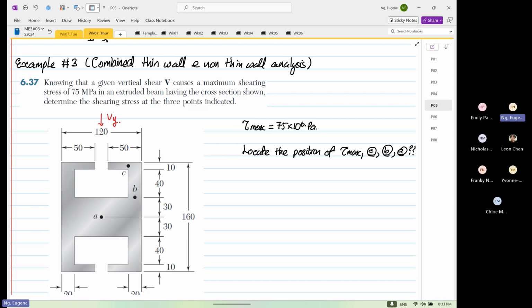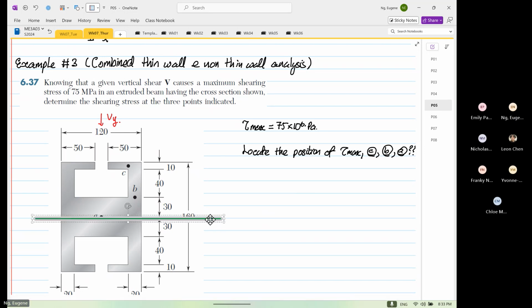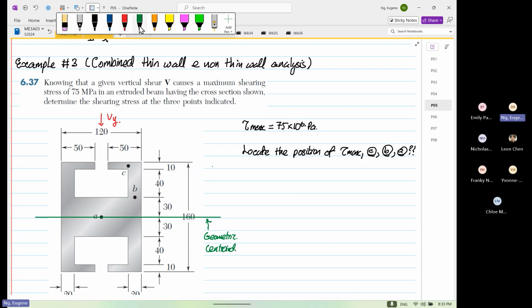So let me highlight what's the difference. What is the difference with this problem? So we know our geometric centroid is over here. Okay. So this is our geometric centroid. So I'm going to draw an orange line.